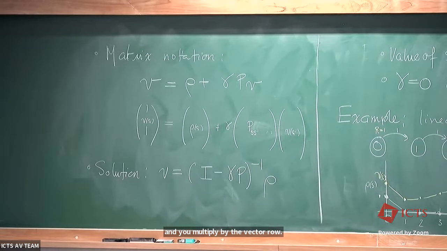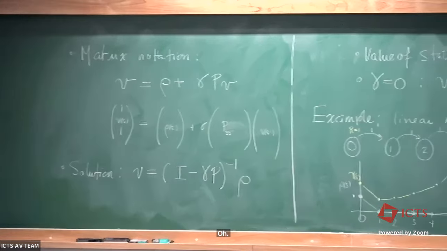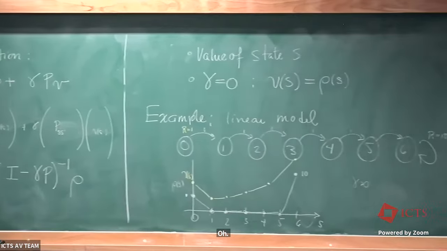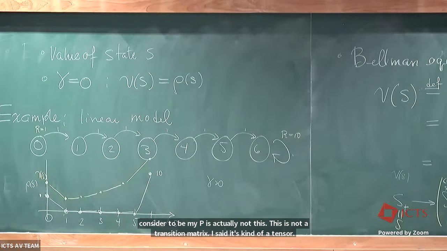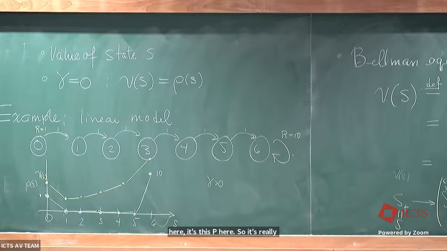Now you're thinking about this one, right? But what I consider to be my P is actually not this. This is not a transition matrix. I said it's kind of a tensor. What I consider the P is actually, let's put it in color here, it's this P here. So it's really the Markov P dynamic after marginalization of the reward.